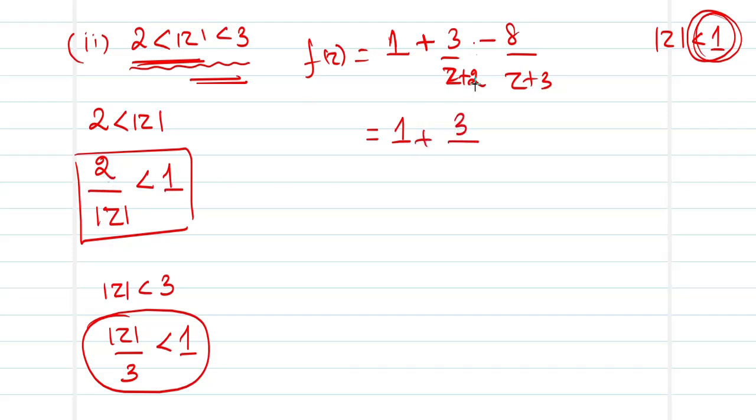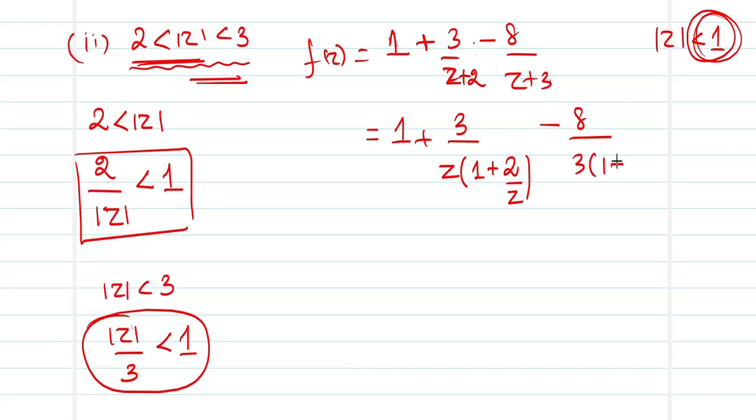So tell me what will be picked outside. When I pick z outside, I will have 1 plus 2 divided by z. So I get it of this format. I have -8. I need z by 3. So how will I get z by 3? I will have to pick 3 outside.